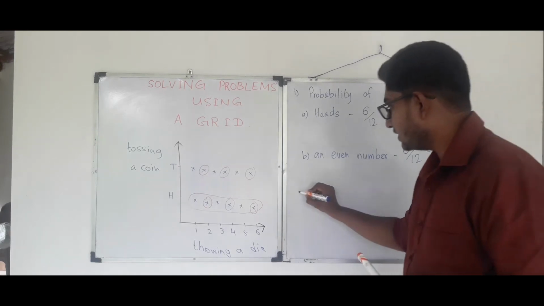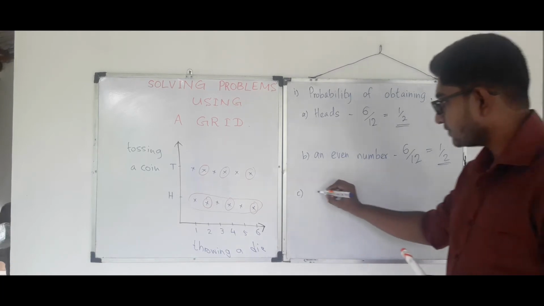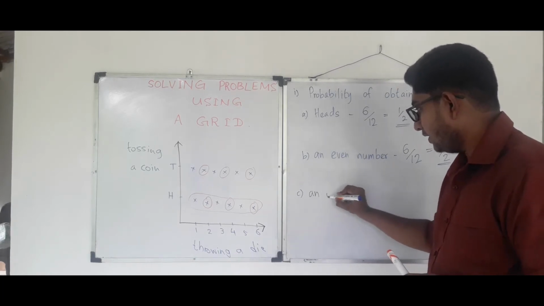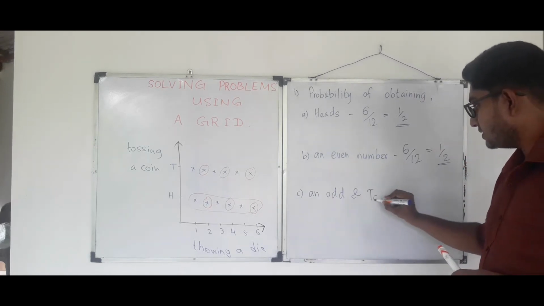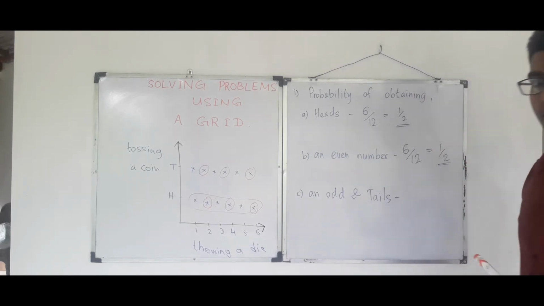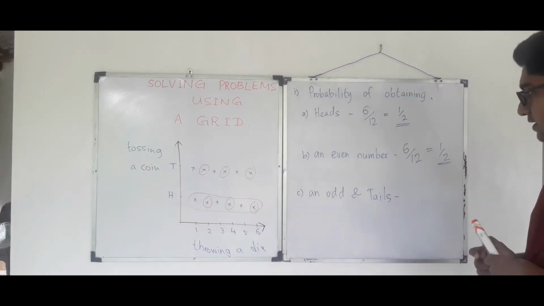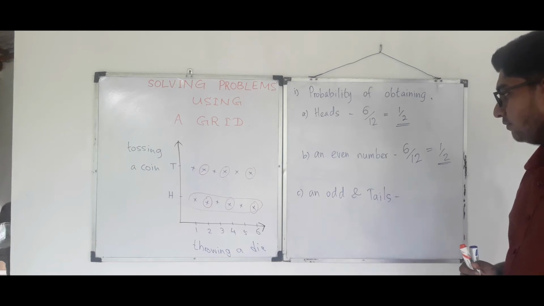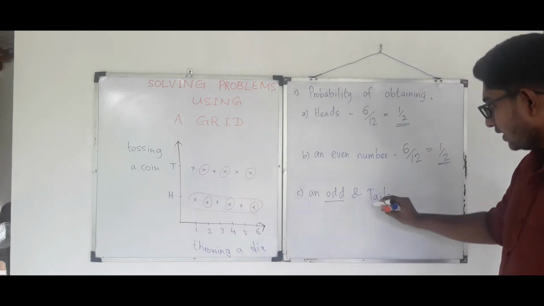Let's take another one. Probability of obtaining an odd number and tails. Now, here we have two conditions. We must obtain an odd number and tails.